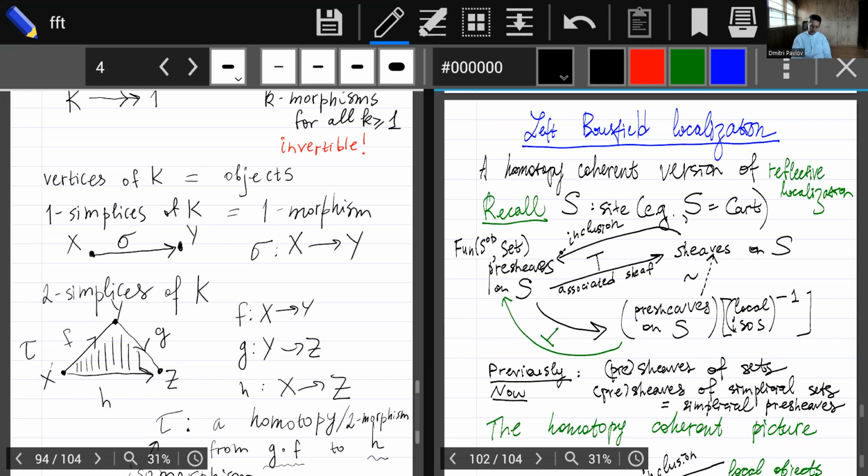So sheaves sit inside presheaves as a full subcategory. And this inclusion functor has a left adjoint. The left adjoint is called the associated sheaf functor. It takes a presheaf and turns it into a sheaf in a universal way, by requiring that maps from a presheaf to some other sheaf are the same as maps from the associated sheaf to the same sheaf.